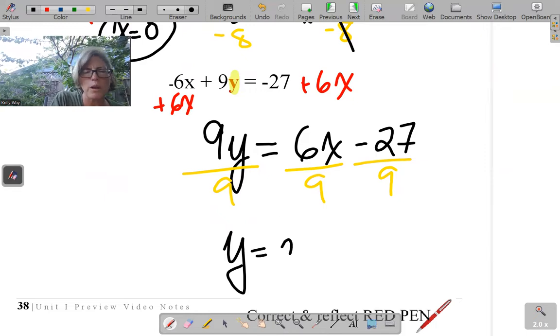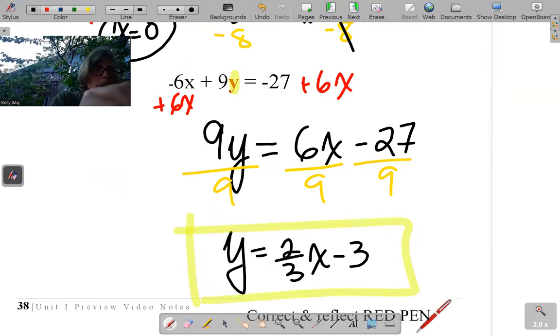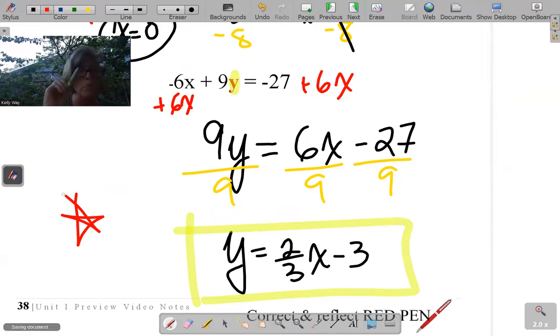Both of these are divisible by 3, so it's 2/3 X minus 3. Again, if you're correct, big star smiley, woohoo! If you're not correct, totally fine. Spot the point where you make a correction, put a little arrow there, and write yourself a note.